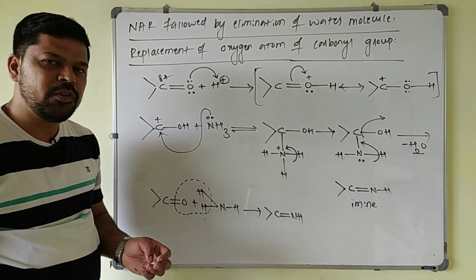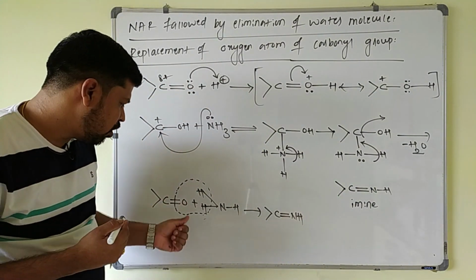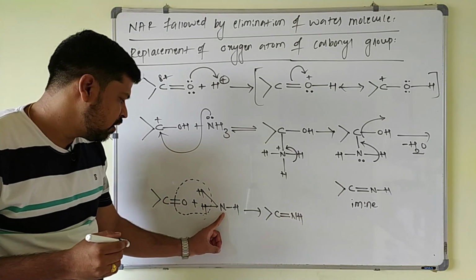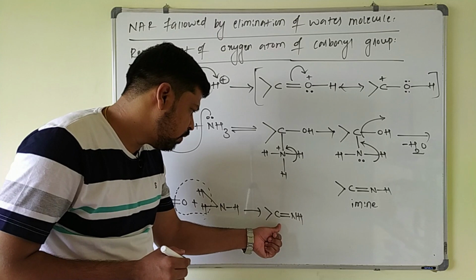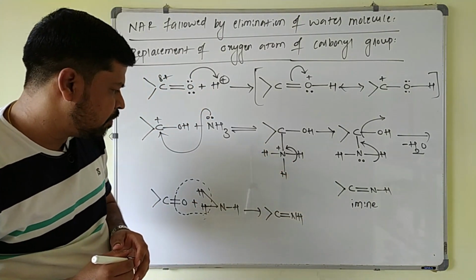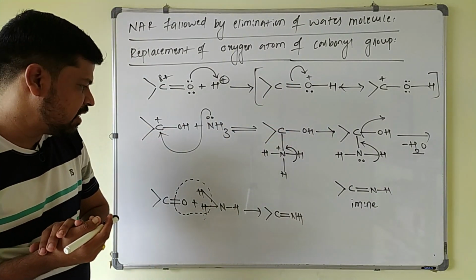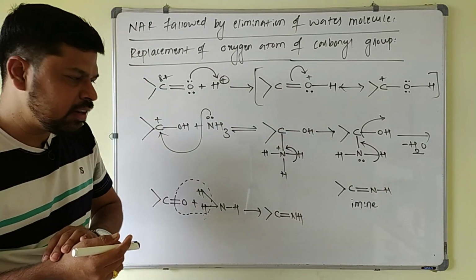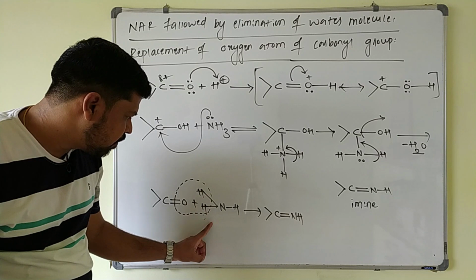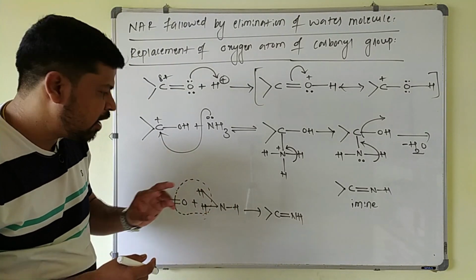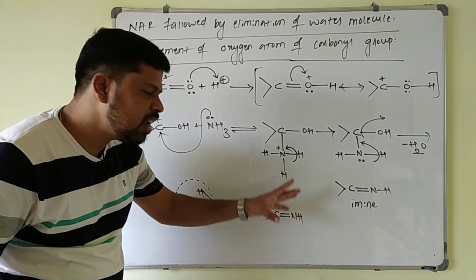So in short, if you want to write the reaction, you just remove the oxygen of the carbonyl group and 2 hydrogens from the nitrogen atom, so that there is a formation of a double bond between carbon and nitrogen. Simply you can write this same product also. This is the mechanism. One thing you keep in mind, you have to remove the 2 hydrogen atoms from the nitrogen which is going to attack the carbonyl carbon, then only the product will be correct here.